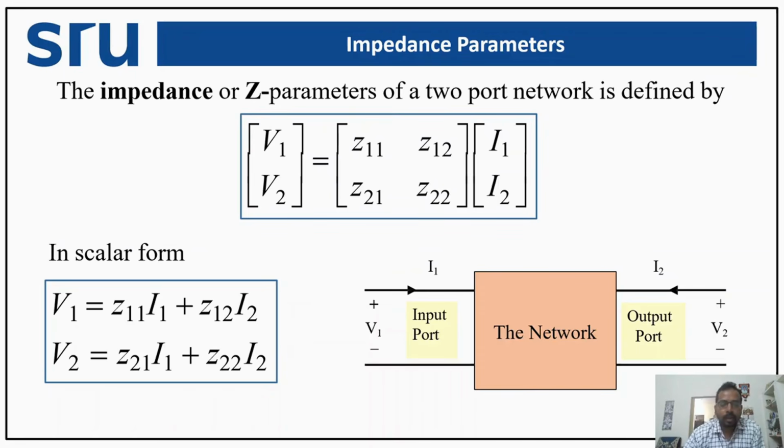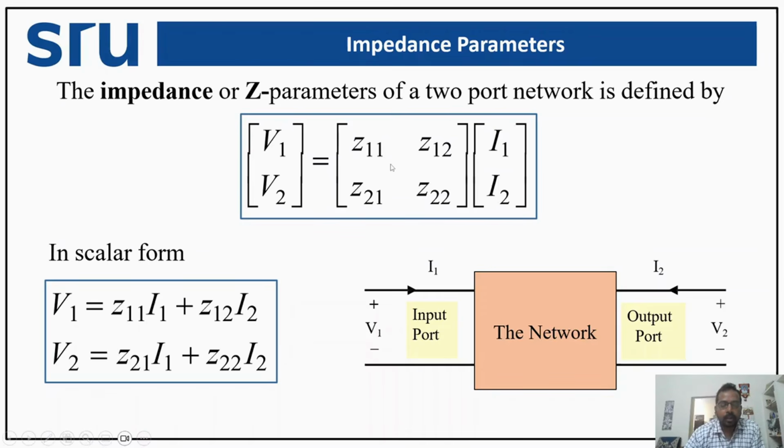They are called impedance parameters because each term has the units of impedance, that is voltage per ampere. Z12, for example, is the voltage V1 divided by the current I2. So even the transfer parameters such as Z12 and Z21 have impedance units because they relate the voltage at one port to the current at the other port. We will discuss the transfer impedance in the coming time. Okay.